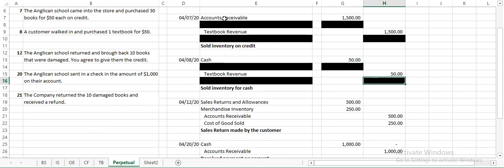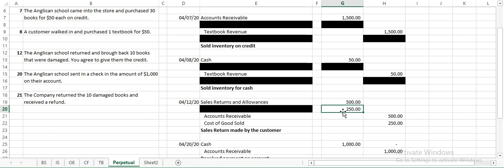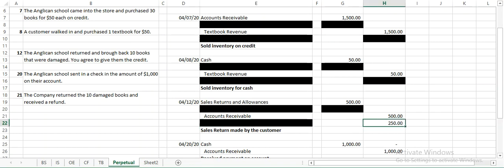So, the reverse of that would be textbook revenue and accounts receivable. Merchandise inventory, out, doesn't exist. And cost of goods sold, out, doesn't exist. What's left is sales return and allowances and accounts receivable.